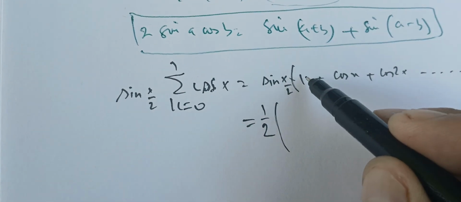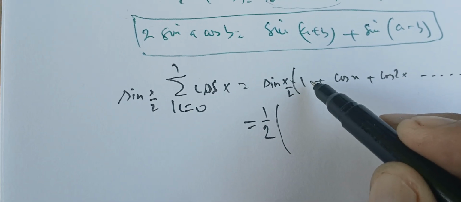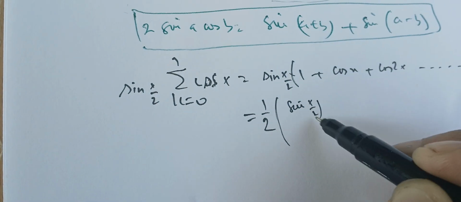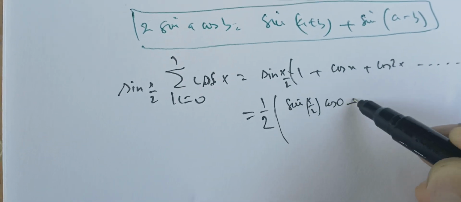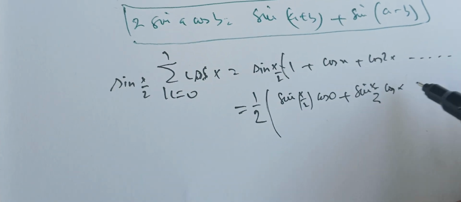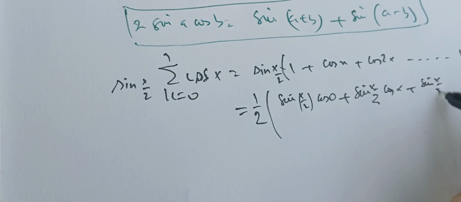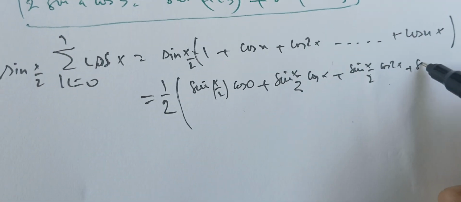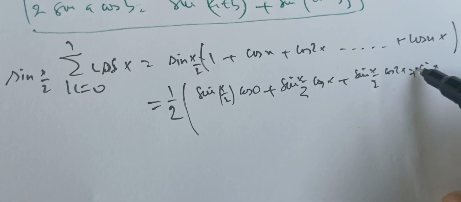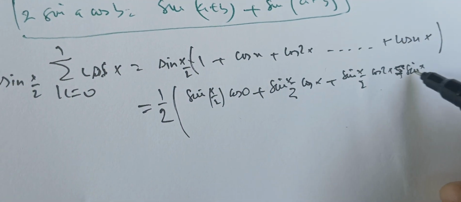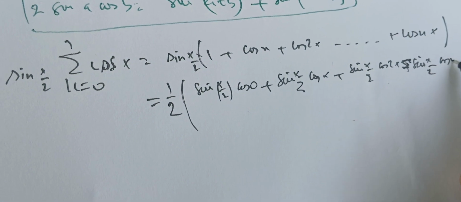The cosine of 0 is 1. So I have sine of x over 2 times cosine of 0, plus sine of x over 2 times cosine x, plus sine of x over 2 times cosine 2x, and plus the last one, etc. The dots mean that I did the same multiplication for all the others.